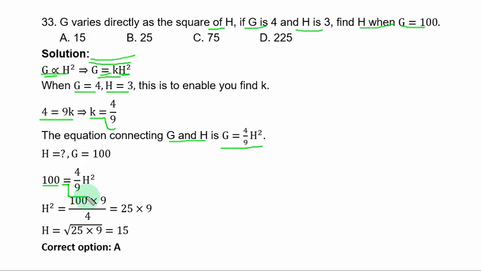If you multiply through by 9 and divide both sides by 4, h squared is equal to 25 times 9. To get h, you take the square root of both sides. Square root of 25 is 5. Square root of 9 is 3. When you multiply, you have 15. A is the correct option.